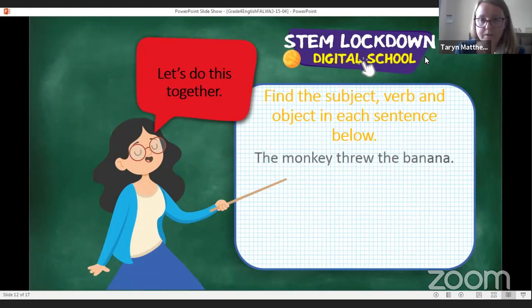So I want you to copy the monkey threw the banana. So copy that sentence down. Tell me where your verb is by underlining it. Put a box around your subject and then circle your object. So I want you to copy this because I want you to practice it.